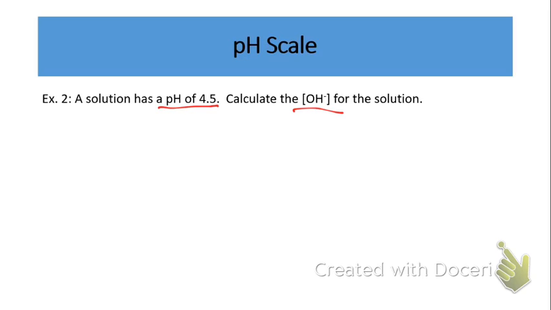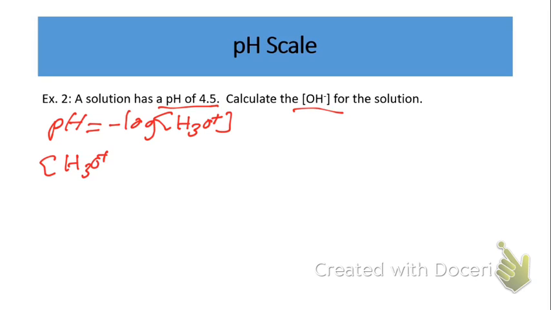First of all, we know that we can find the hydronium ion concentration from the pH, because the pH is equal to the negative log of the hydronium ion concentration.